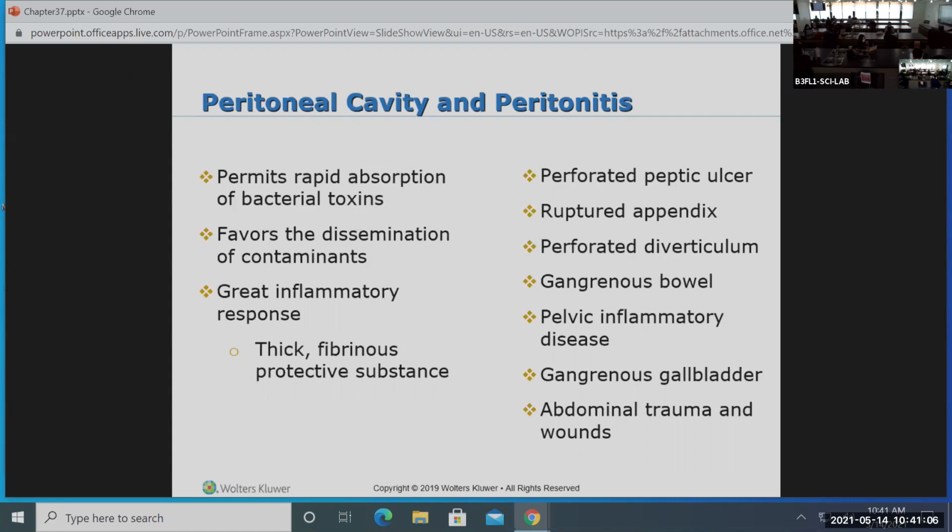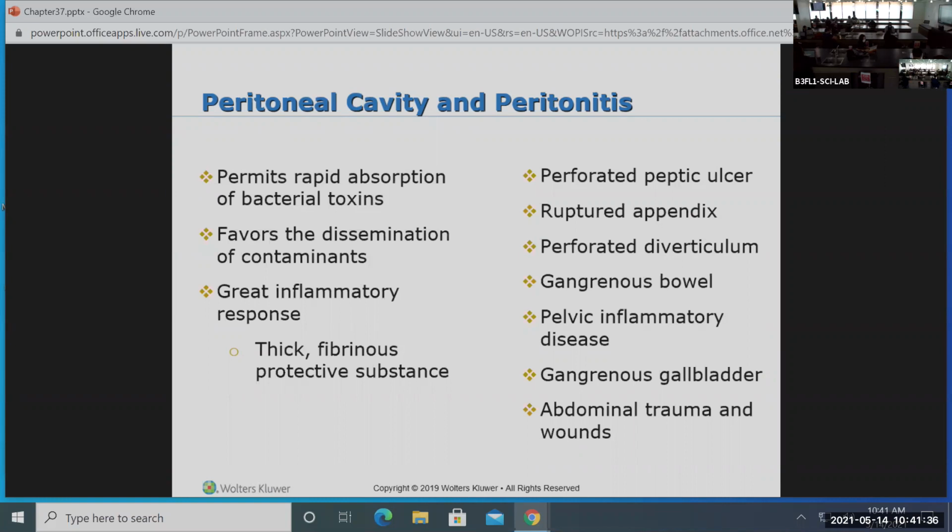What it does, permits rapid absorption of bacterial toxin. Favors the dissemination of the contaminant. These are the normal functions. If you look at the left side, it's the normal function of the peritoneum. Their normal job: the peritoneum permits rapid absorption of bacterial toxin before it spreads.